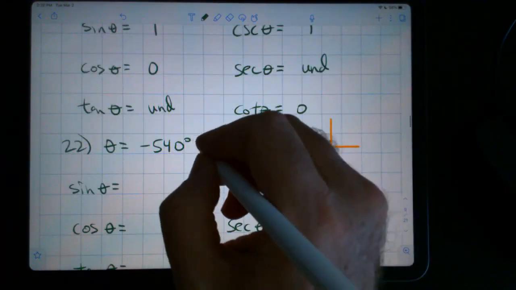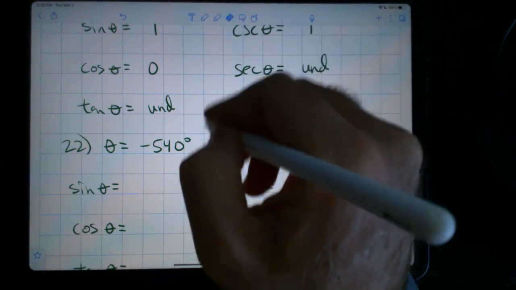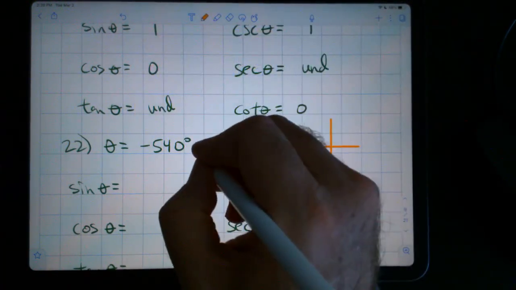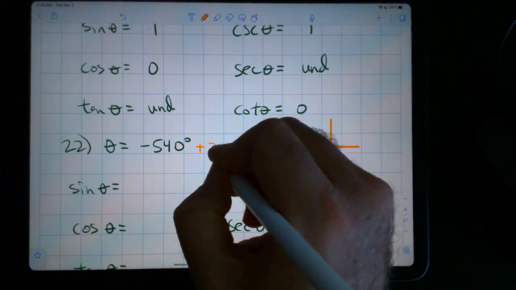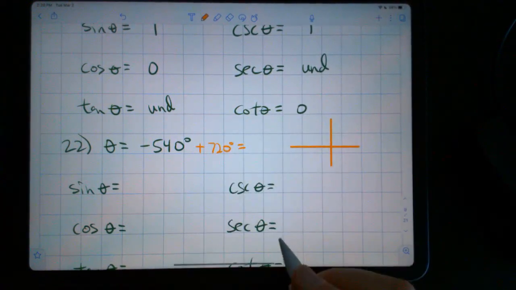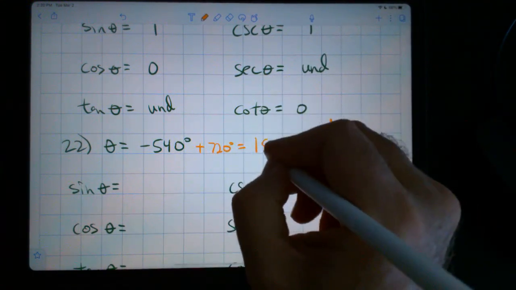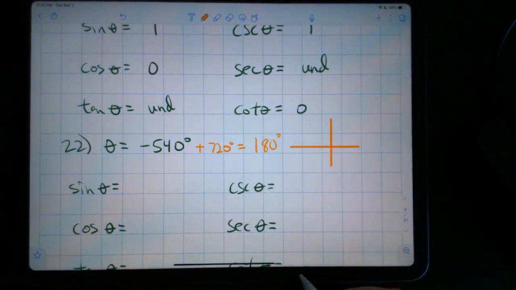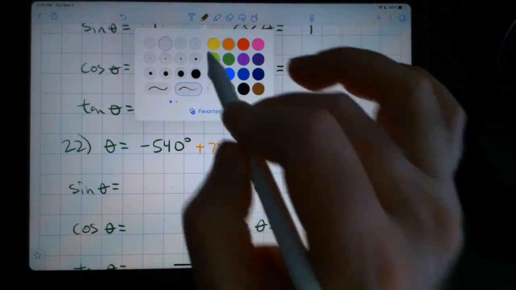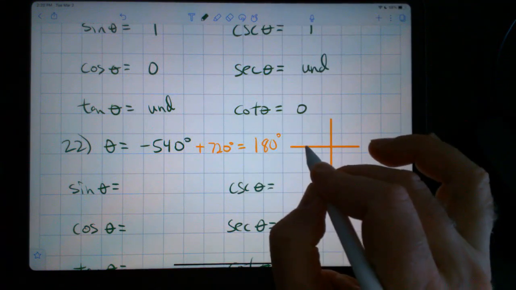Okay, negative 540. So this is going to be 180. 180 is going to be right here.